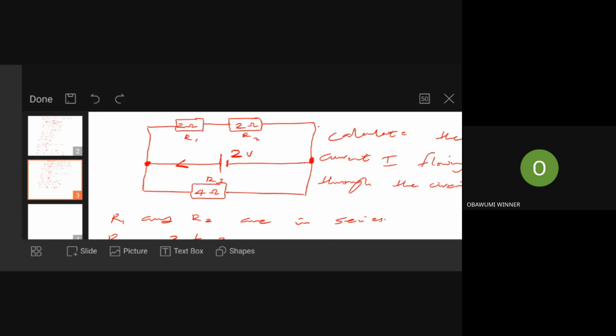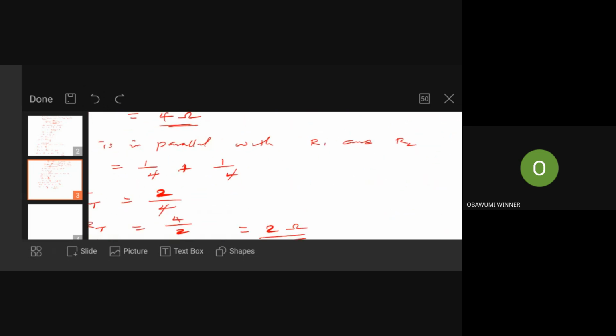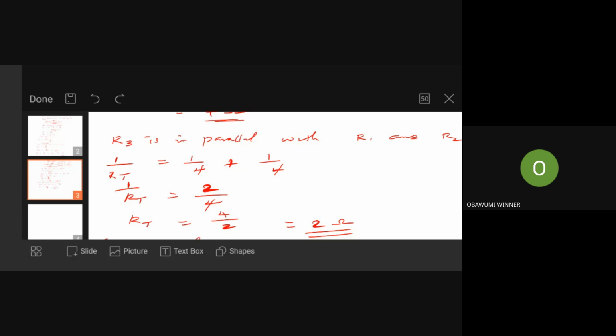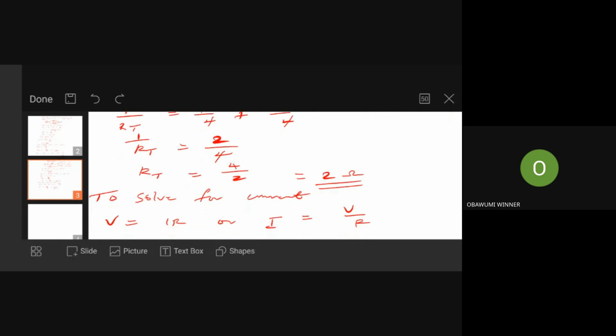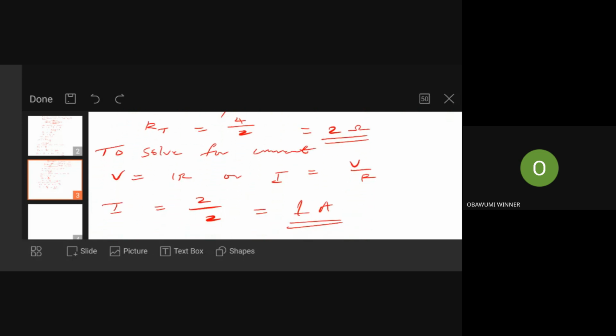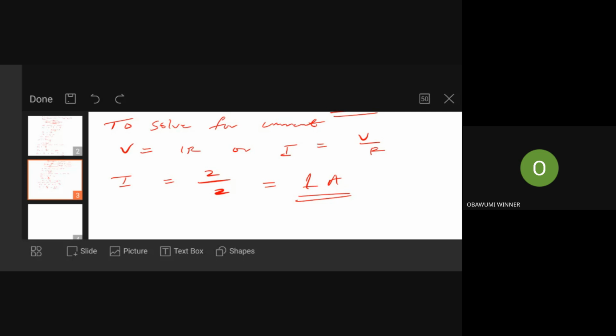So how do we add up resistance in parallel? I have to follow the formula 1 over R equals 1 over R1 plus 1 over R2. And when I did that, since the sum of R1 and R2 is 4 ohms, I have 1 over 4. And also, the resistance for R3 is 4 ohms. That's why I have 1 over 4 twice. And then when I did that, I was able to get 2 ohms. And then applying Ohm's law, I got 1 ampere as the current flowing through the circuit.